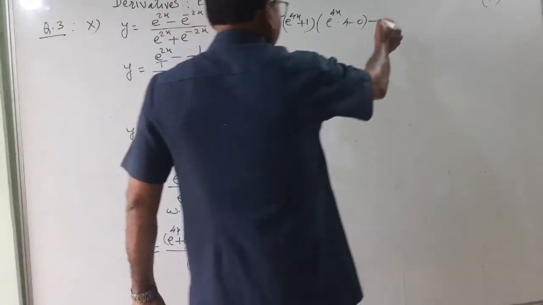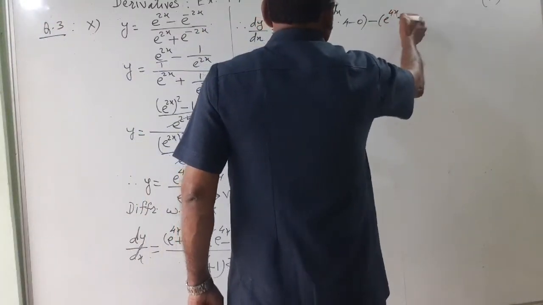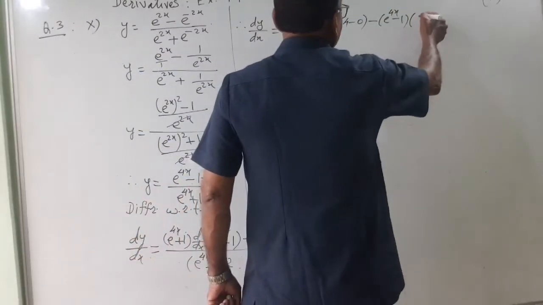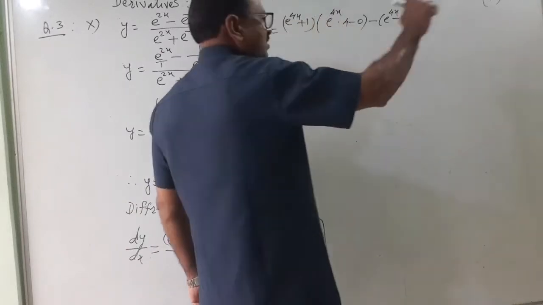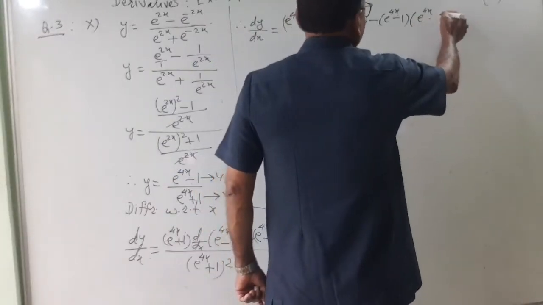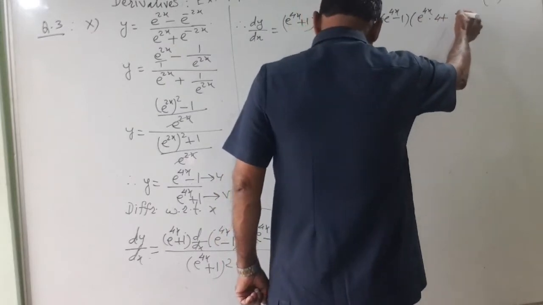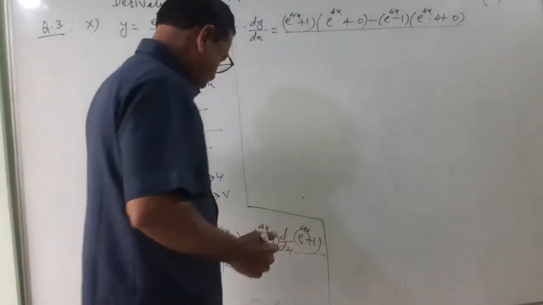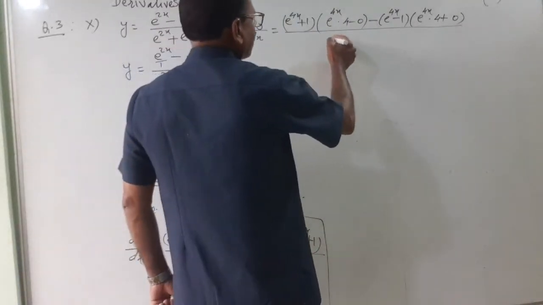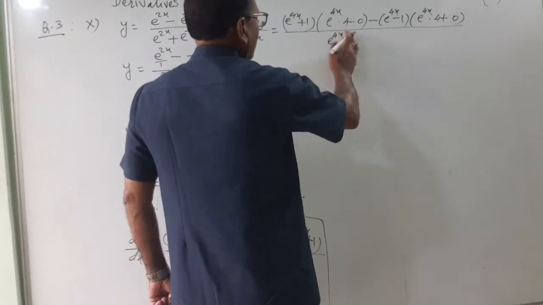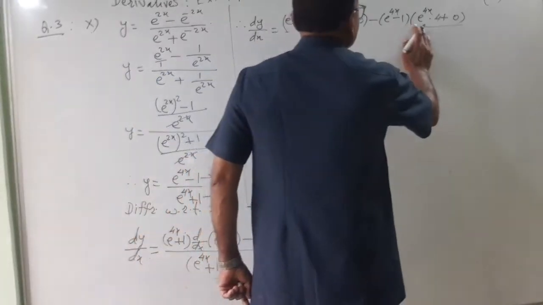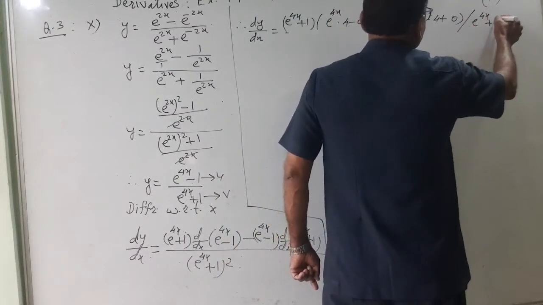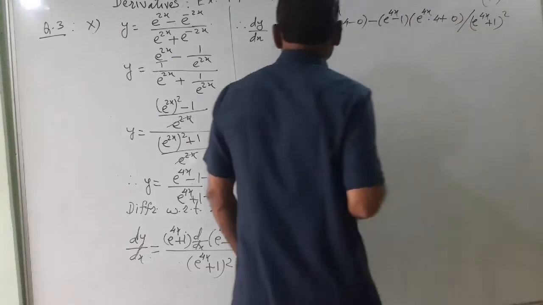Now this e raised to 4x minus 1 into the derivative of this will be e raised to 4x. The derivative of e raised to is the same, and now the derivative of 4x is 4, plus 0. Derivative of 1 is a constant, and the derivative of a constant is 0. Now this is e raised to 4x plus 1 bracket square in the denominator.